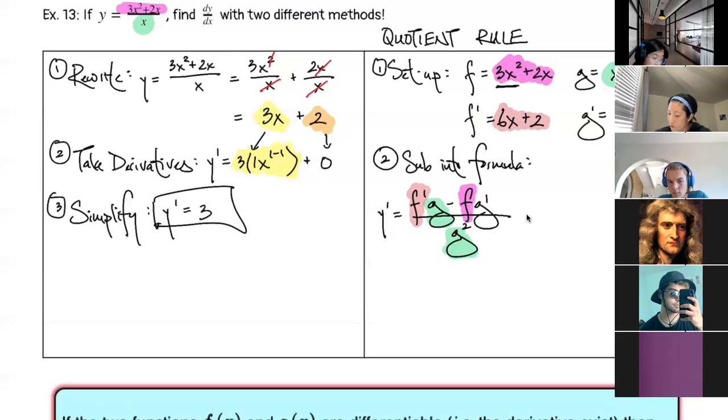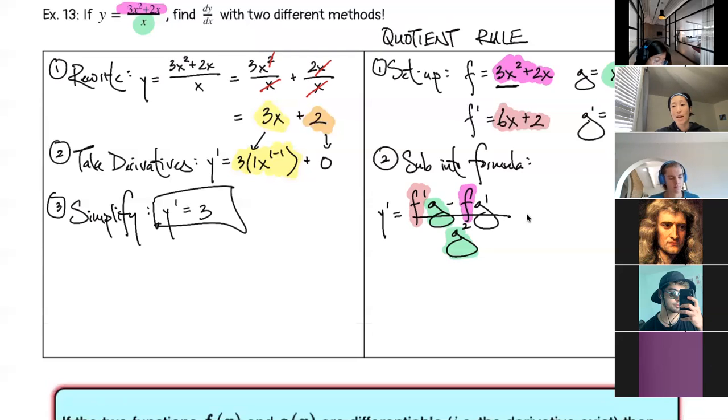What do we have for g? Well, we have x. So our g prime gives us, what's it give us? Yeah, 1. We're really thinking, what is the slope of x?